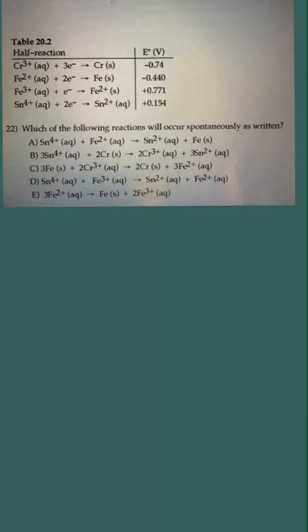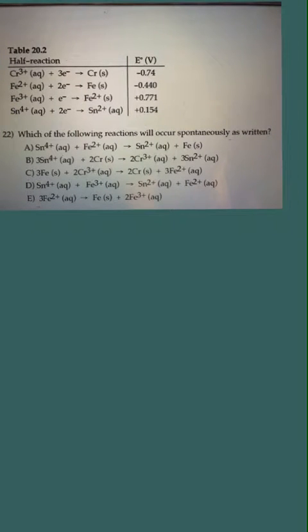Therefore, in this particular reaction, we should actually see iron 2 plus getting reduced to iron. Also, another reason you can use to eliminate this choice is chromium is actually more reactive than iron, and therefore it has a greater tendency to lose its electrons.